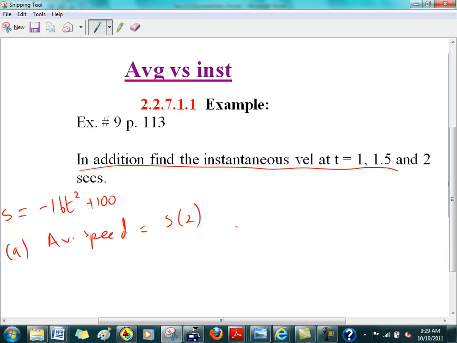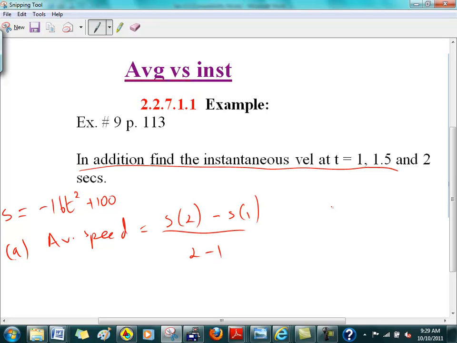Exactly, not 2 for S, but you put 2 for T in S. Get it? 2 for T in S. Minus S1 all over 2 minus 1. Does everybody get this? This is right out of that average velocity formula that I gave you. Change in distance over change in time.